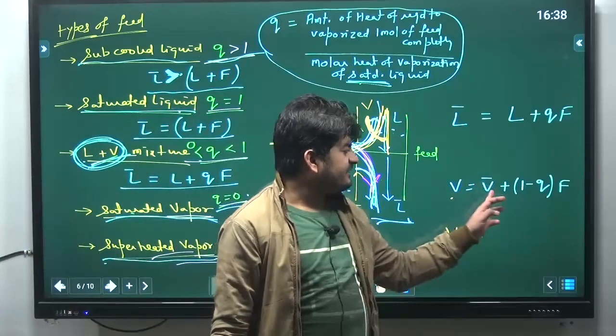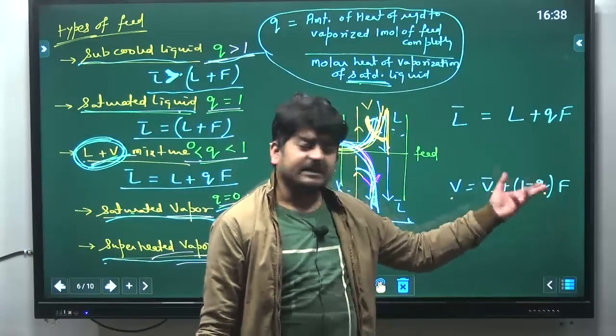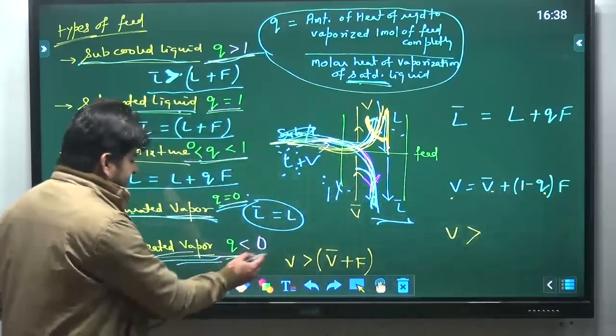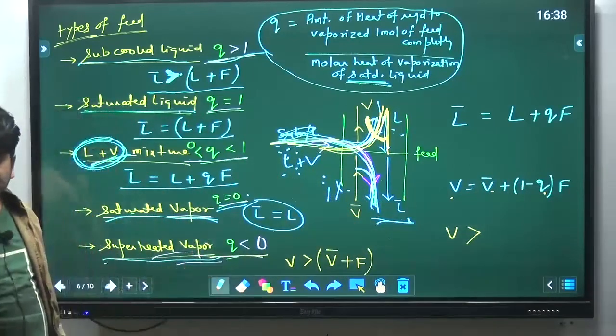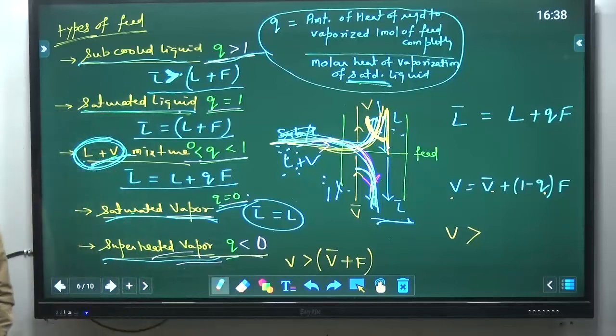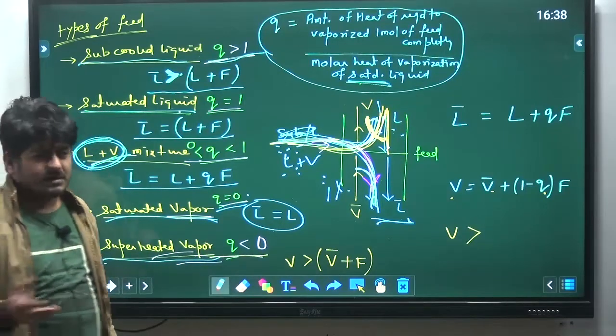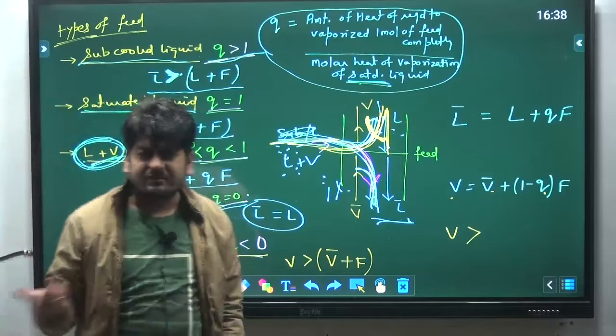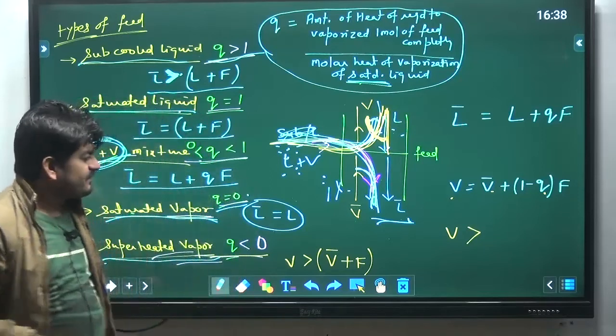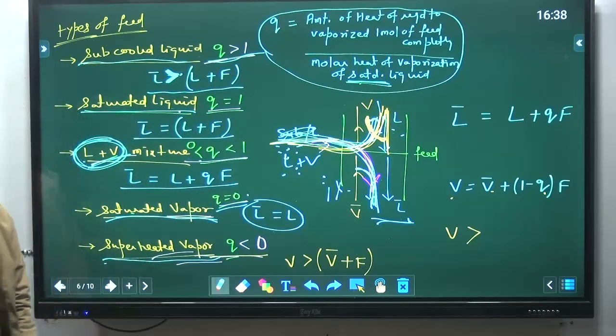V will be greater than V bar plus F only if Q is negative. Okay, so Q will be negative here. So that's how you can understand these values in terms of the nature of the feed. I hope all these things are clear.